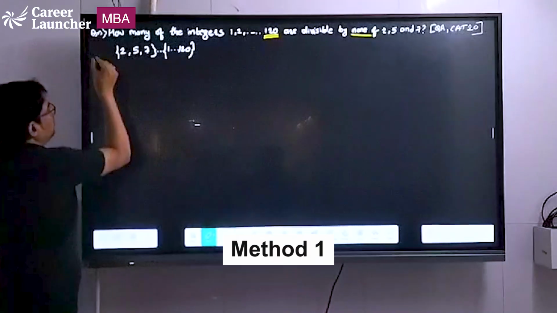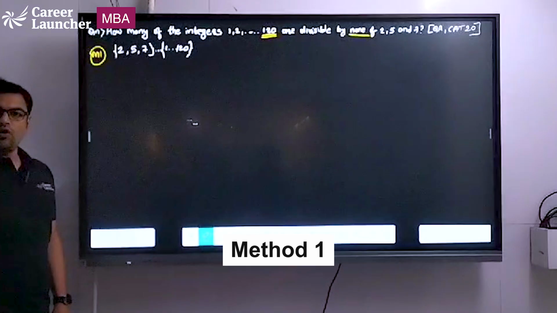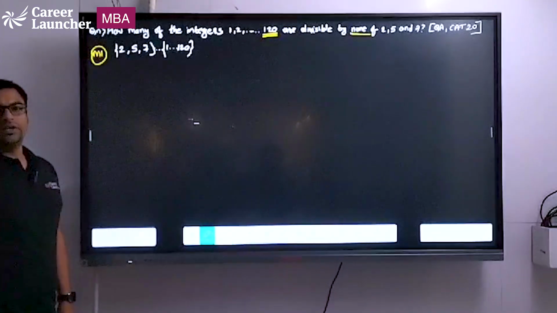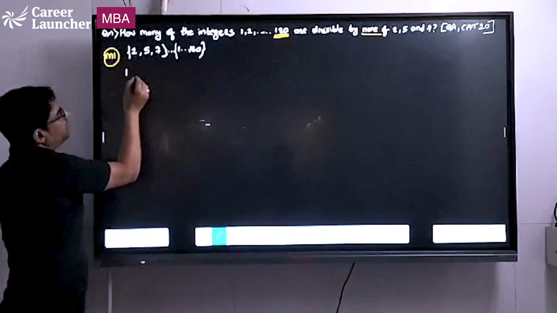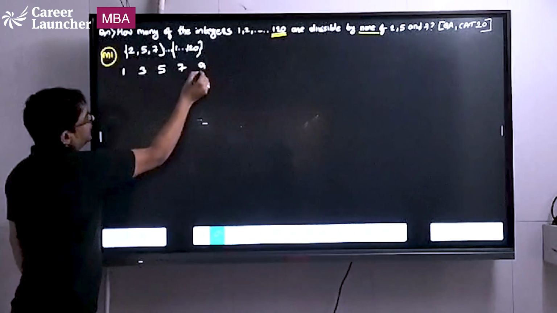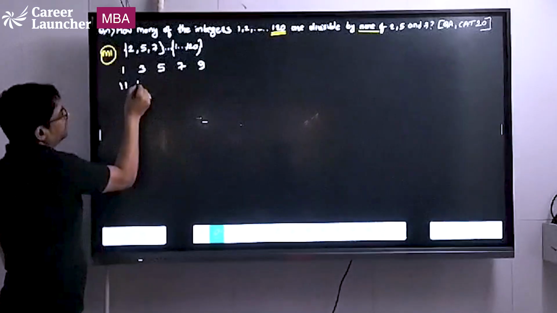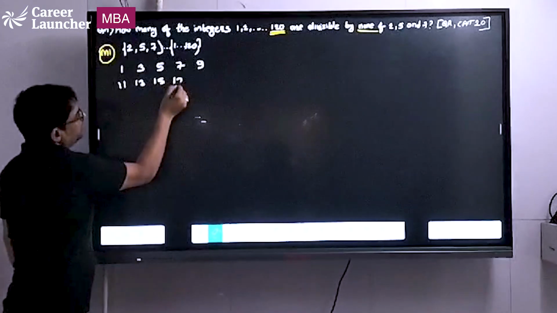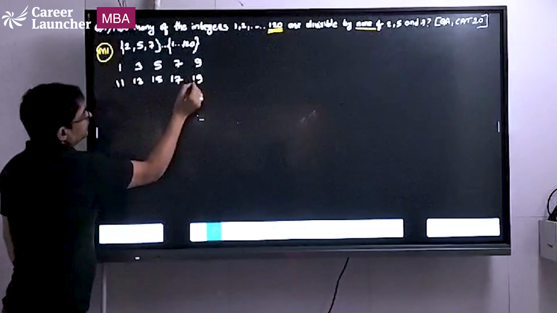Fine. So with method 1, remove all the multiples of 2 from the given numbers. I will be left with odd numbers: 1, 3, 5, 7, 9, 11, 13, 15, 17, 19.